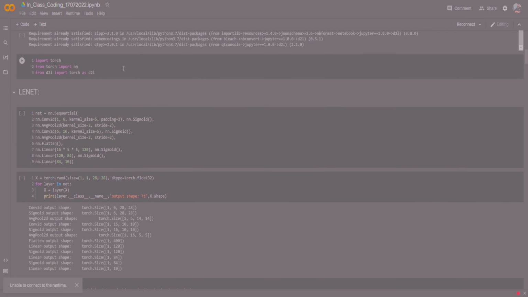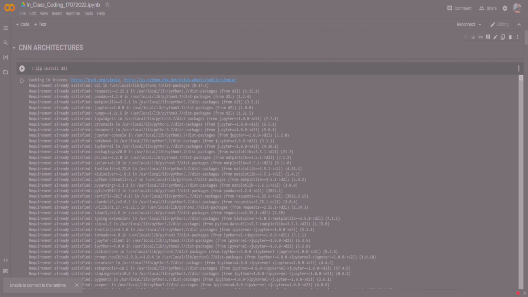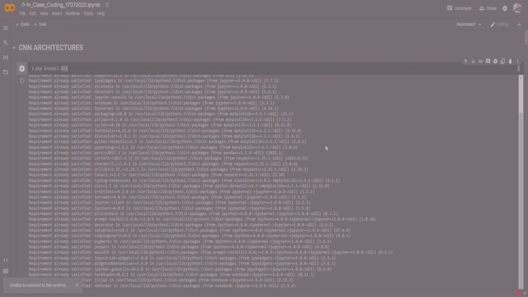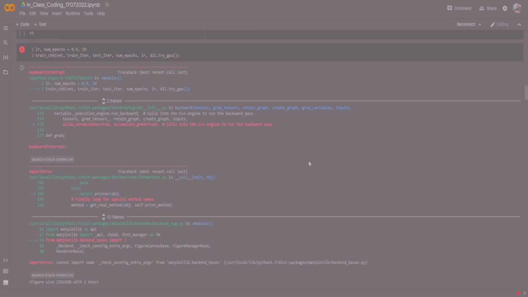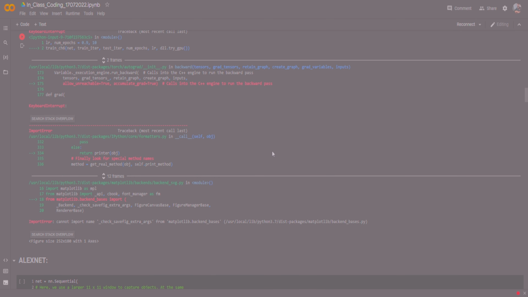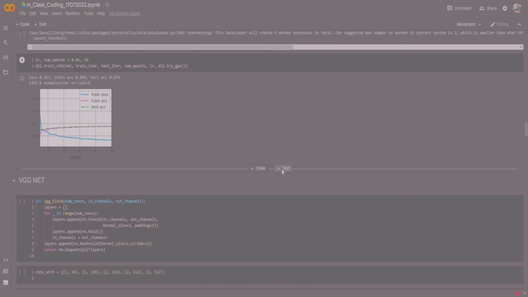Let's proceed further. Anyway, we are not running the code, so I will show the output we got earlier. Only this part we have an error. I am supposed to get a graph that shows the loss for every iteration. I'll show the next graph, something like this.